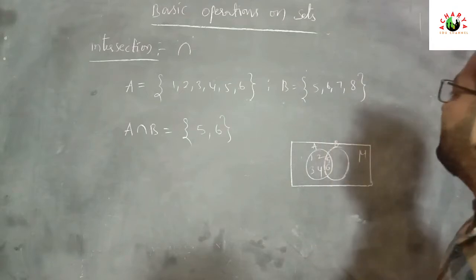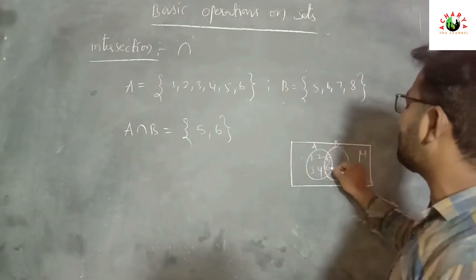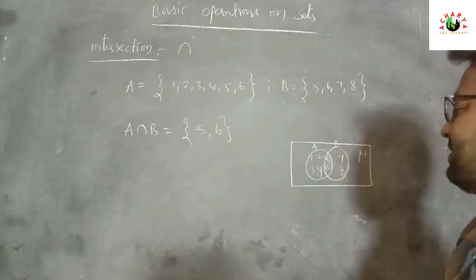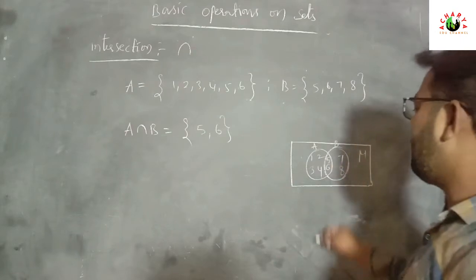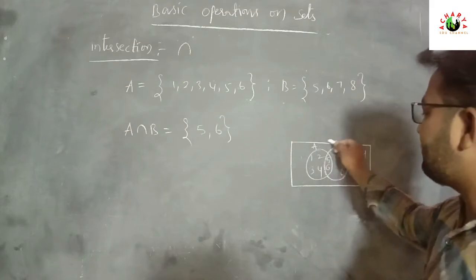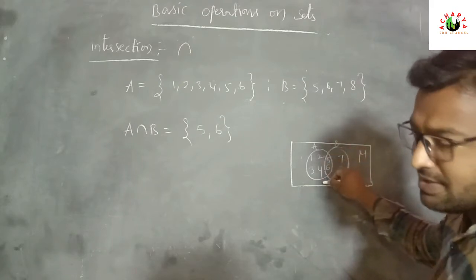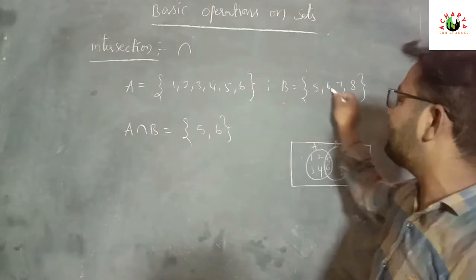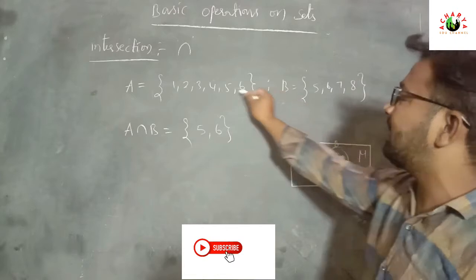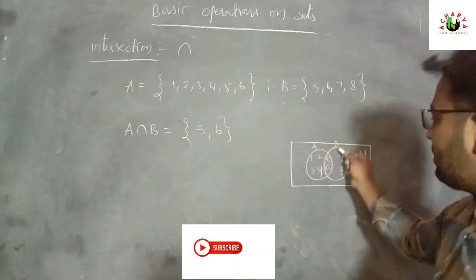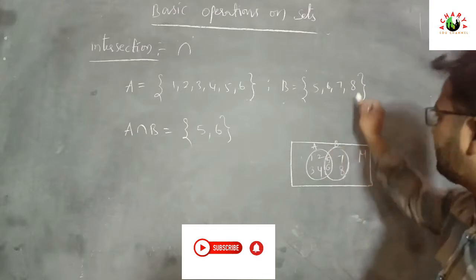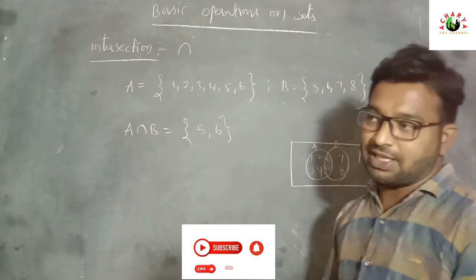In set B, 5, 6 already present, the remaining elements are 7, 8. Like that we write in union also, same as it is. First we write the common elements, 5 and 6. In A, the remaining elements are 1, 2, 3, 4. In B, the remaining elements are 7, 8.